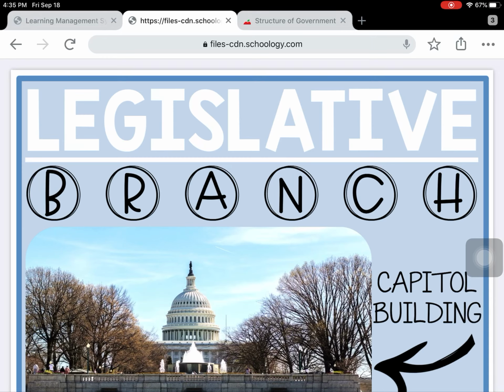This is going to be a picture of a tree with 3 different branches. One is going to be, what do you think? Yep, the legislative, one will be the judicial, and one will be the executive branch. You are going to write who is the head of these branches, and then what are some of the things that they do in these branches.